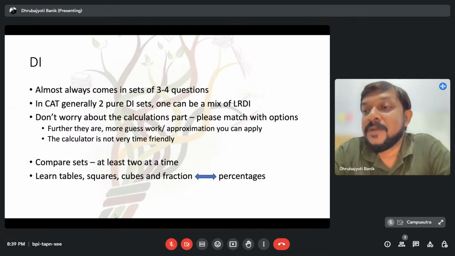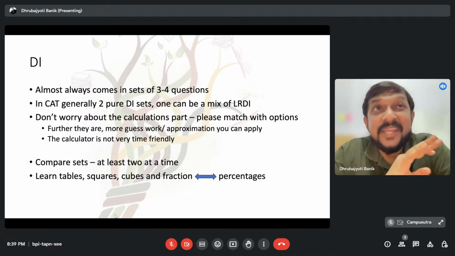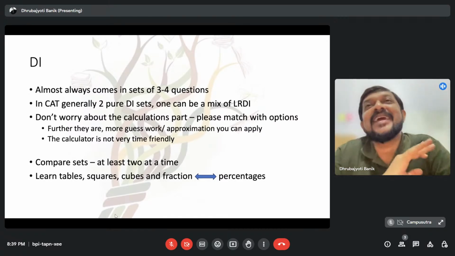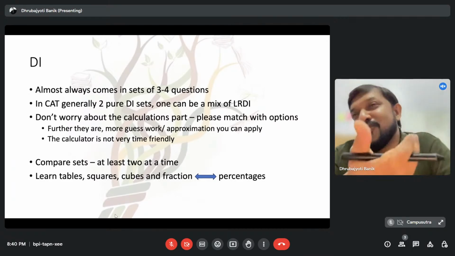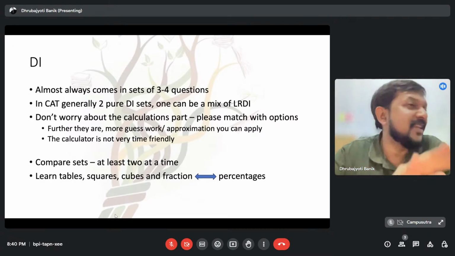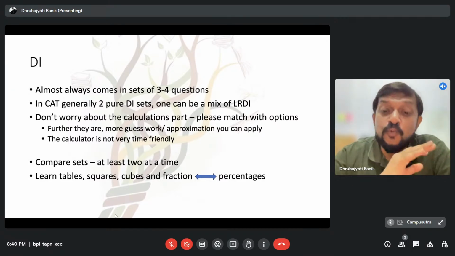Remember, people hate calculations because the numbers also come very very dreadful, to be honest. Okay, I have rarely seen a DI set in the last 20-25 years of my teaching where the figures were really beautiful, where you see the question and immediately know what the answer will be. Very very unlikely. Okay, the calculations worry you.